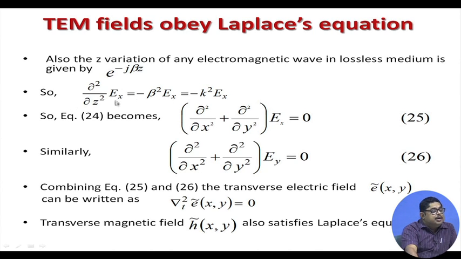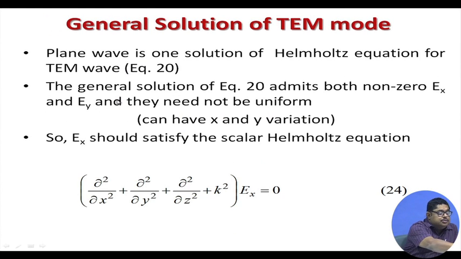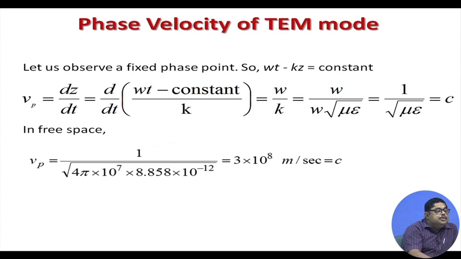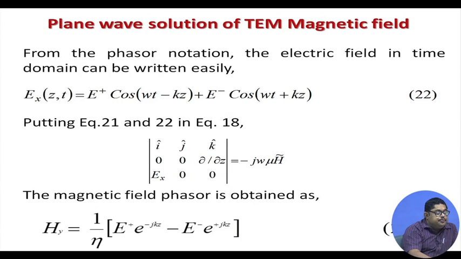Where is the other part going? The k square. You see del square del z square, that is giving me what? E to the power minus j beta z. So, that is giving me minus j beta into minus j beta, that is minus beta square. So, k square minus beta square, but for TEM wave we have already proved what its beta is.